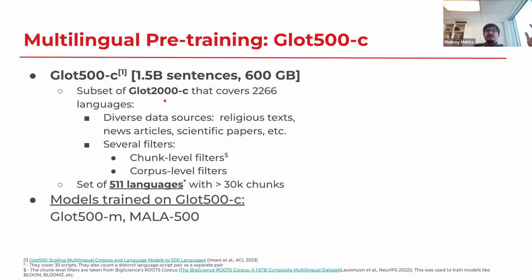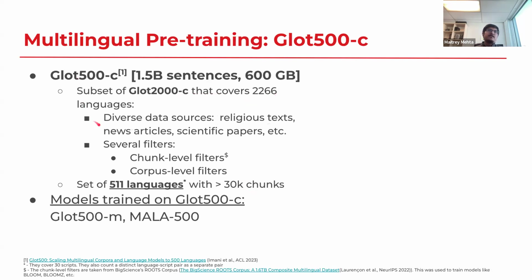It is a subset of a larger corpus called the Glot 2000 corpus, which spanned 2,266 languages, so a really huge dataset. They filtered for all the languages that had more than 30K sentences. It turns out only 511 languages met this 30,000 sentence bar, and that ultimately became the Glot 500 corpus.